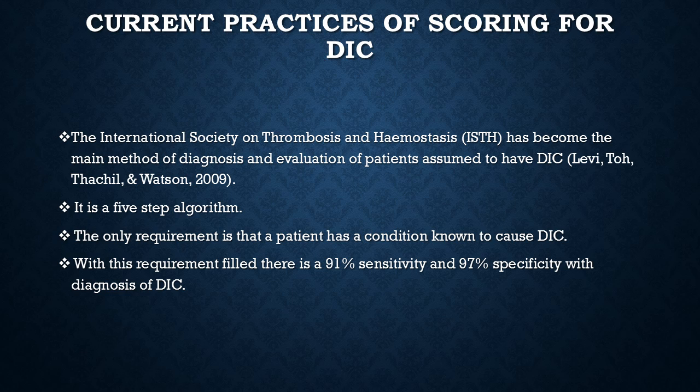They have to have a condition known to cause DIC. With this requirement, there is a 91% sensitivity and a 97% specificity with diagnosis of DIC. Therefore, this has become the most accurate way to determine the presence of DIC in the state of a disease.